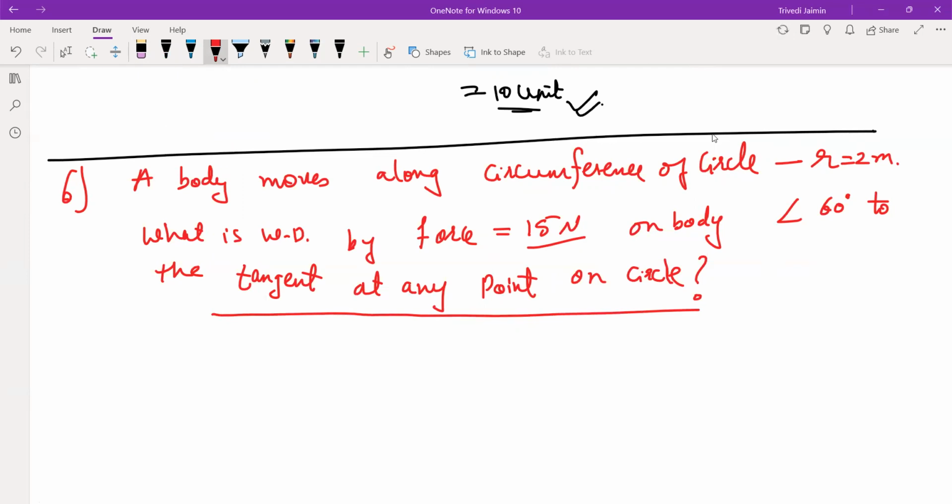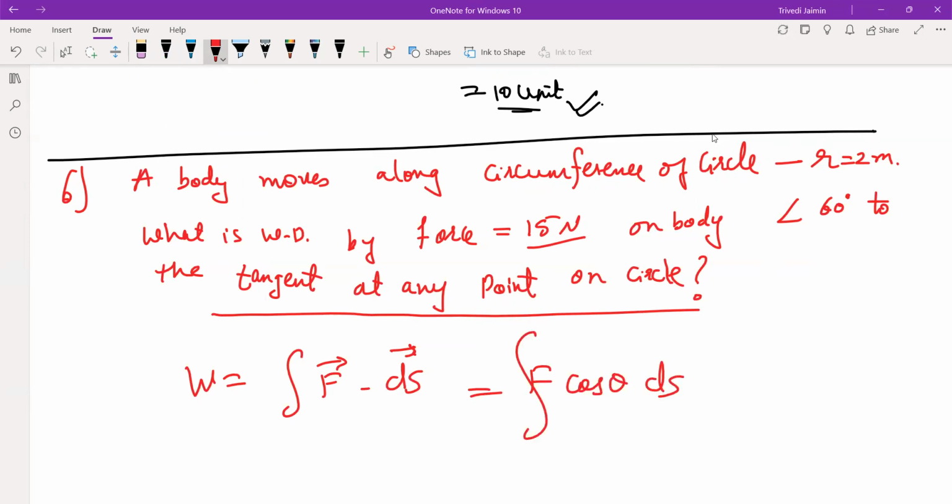Tangent at any point on the circle. So shall I give you a hint? W equals integration of F ds, or F cos theta ds. So these two things we know. We don't know this one.